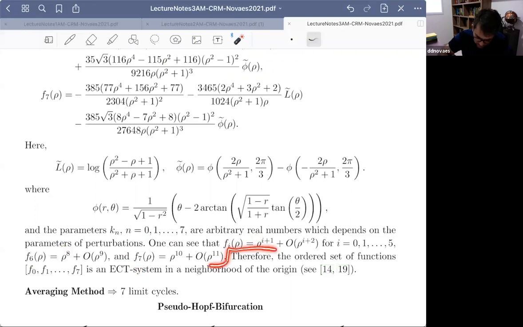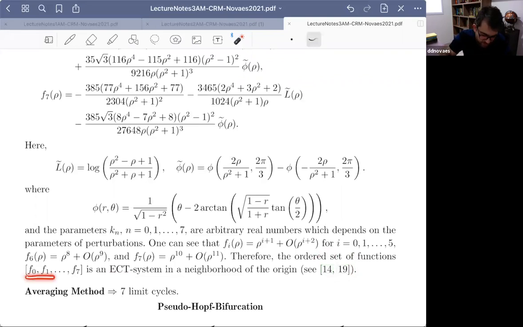With this, we can see that this set of functions is an ECT system, an extended complete Chebyshev system, in a neighborhood of the origin. I'm not going to explain this concept here, but if anyone is interested in those techniques, they can check these two papers, okay?